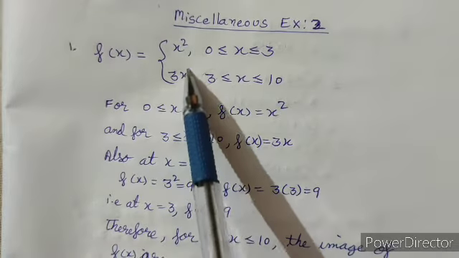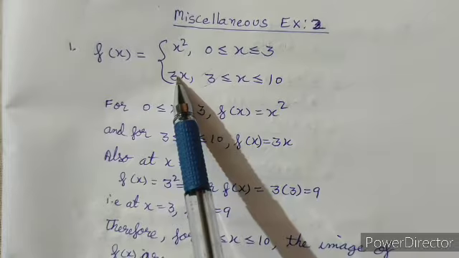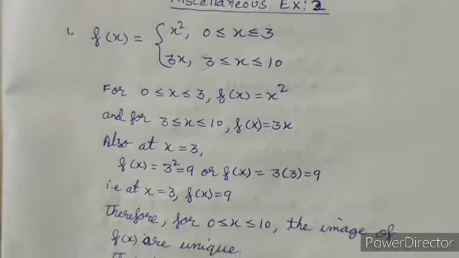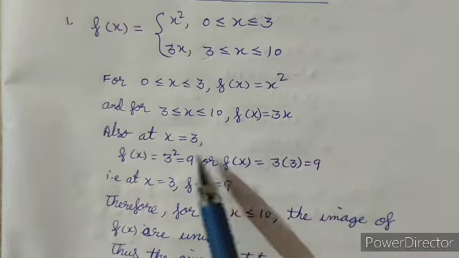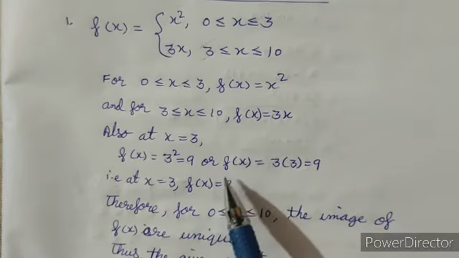Or from the second part, we can say f(3) will be equal to 3 into 3, and that is also equal to 9. So at x equal to 3, f(x) is equal to 9 in both the cases.